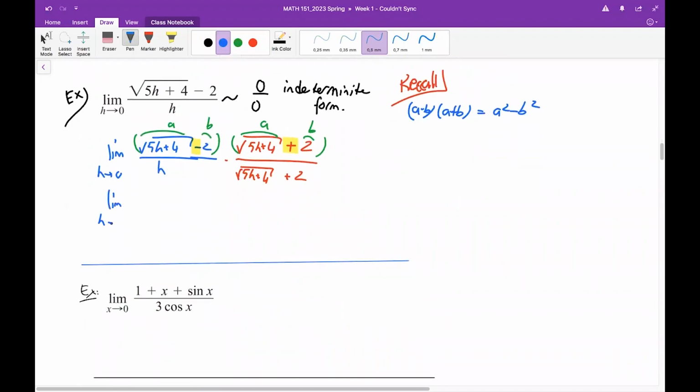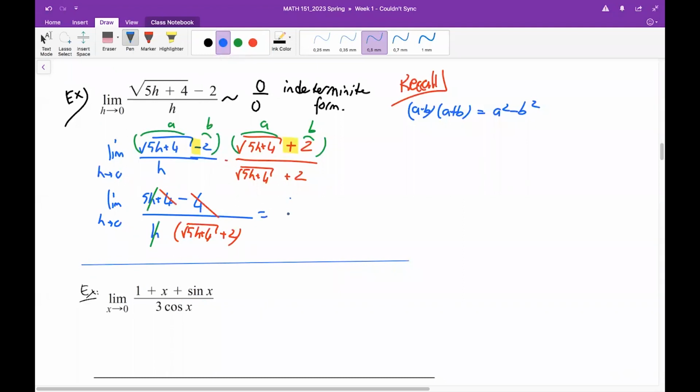So what we have at the denominator is a squared, which is this expression, minus b squared, which is this. And then I will write the whole thing at the denominator. Don't forget to write this, please, because it is already there. And then these fours are simplified. After simplifying them, you can also simplify h's.